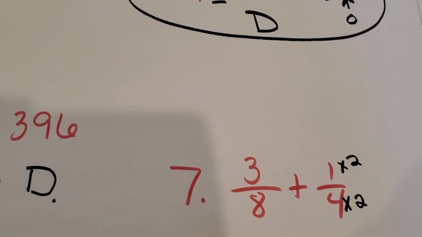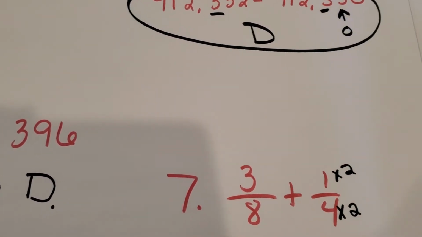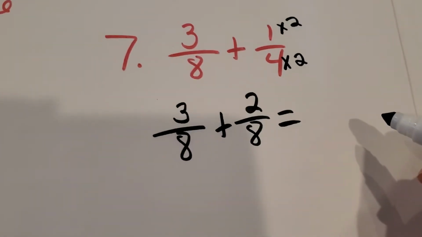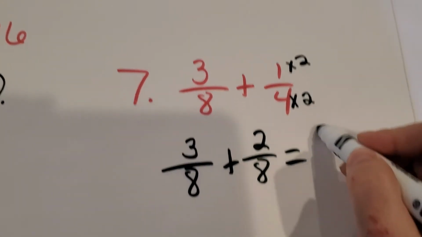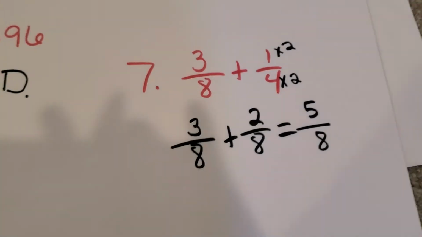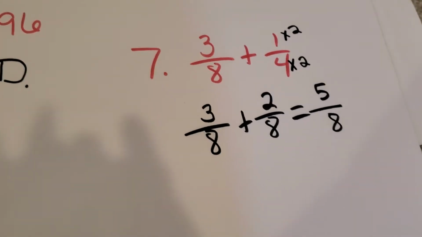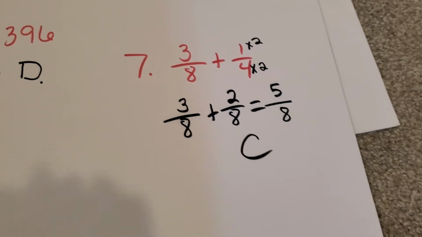So my new problem is 3/8 plus 2/8, which we can now add easily. You can add those across. 3 plus 2 is 5, and our denominator stays the same as 8. That would be answer C.